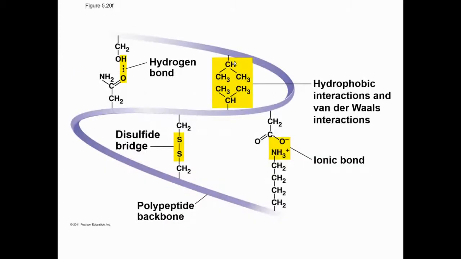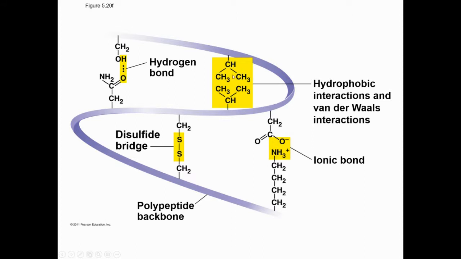Okay, so this is just the detail to show the interaction of forces that contribute to the tertiary structure. We have hydrogen bonding, where you see the hydrogen bond between the polar uncharged amino acids.